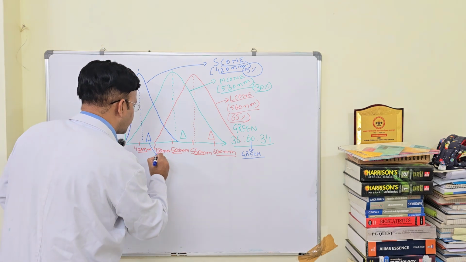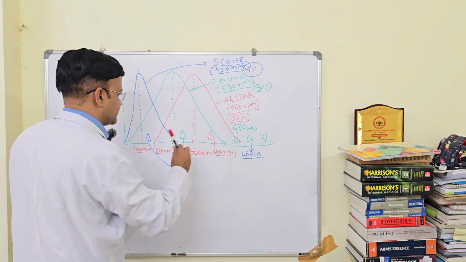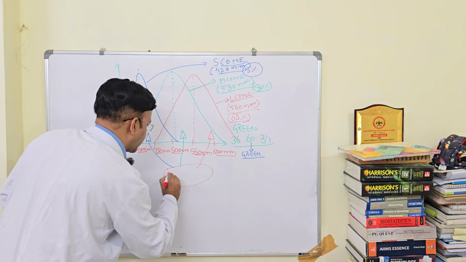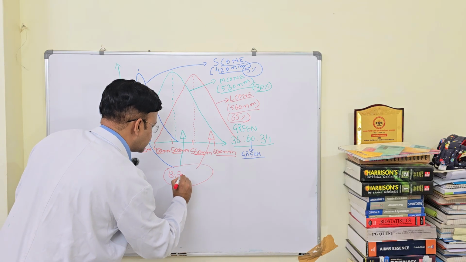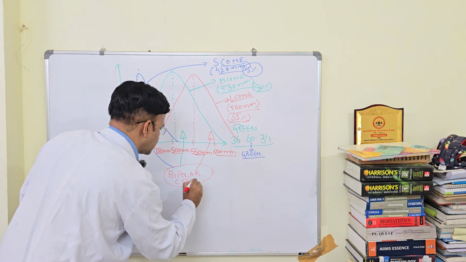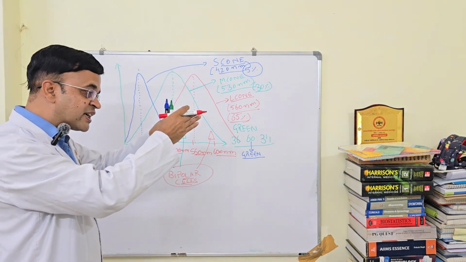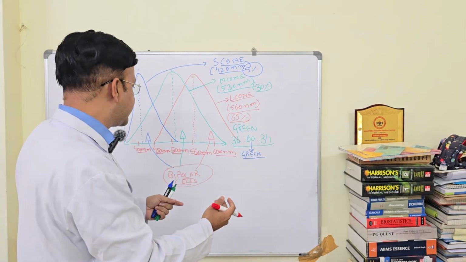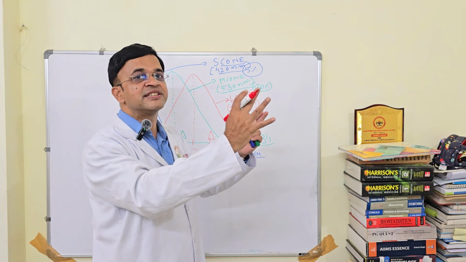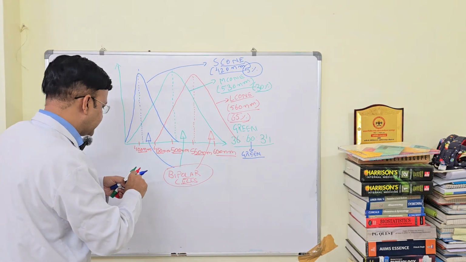All this messaging from these cones will go to the bipolar cells. They will either converge on a few bipolar cells, or each cone will have its single bipolar cell, depending on where it is located. In the fovea, each cone will have its own bipolar cell because we have a high density of cones in the fovea. Fovea has some peculiarity, we will come to it later.